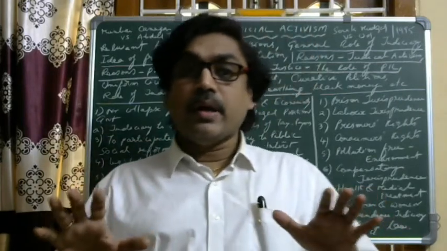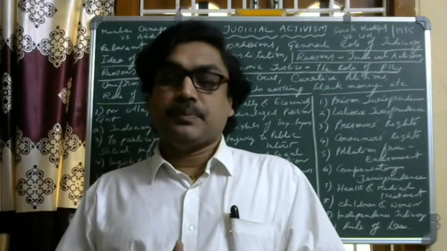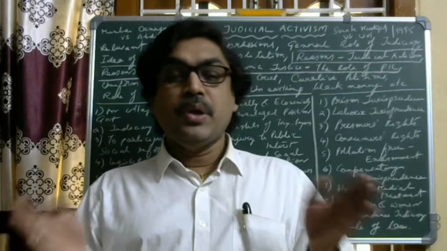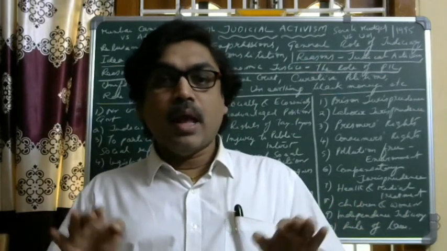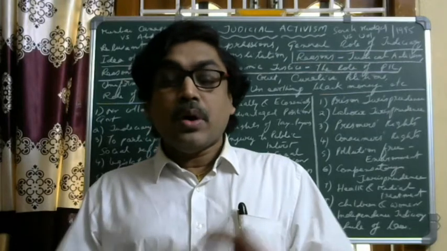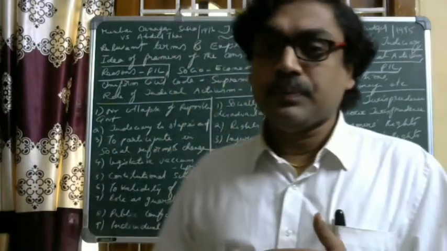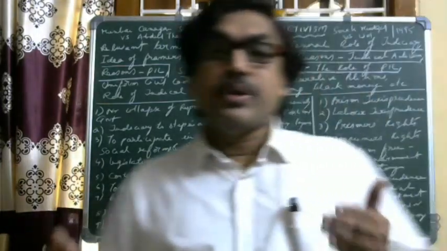And the next one is reasons for judicial activism. Already I explained to you what is judicial activism and the difference between judicial review and judicial activism. Now, what are the reasons that cause judicial activism?